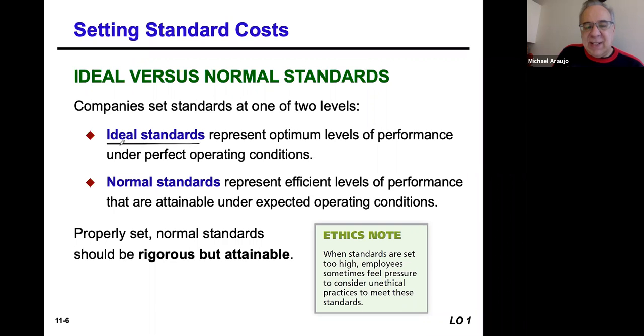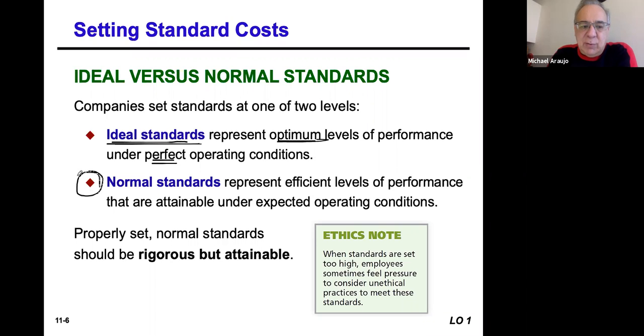First of all, an ideal standard represents the very best performance under perfect operating conditions. And I don't know about you, but you're old enough to know that life is not optimal, and that there's nothing quite perfect. And so ideal standards are not used in general when setting standard costs.